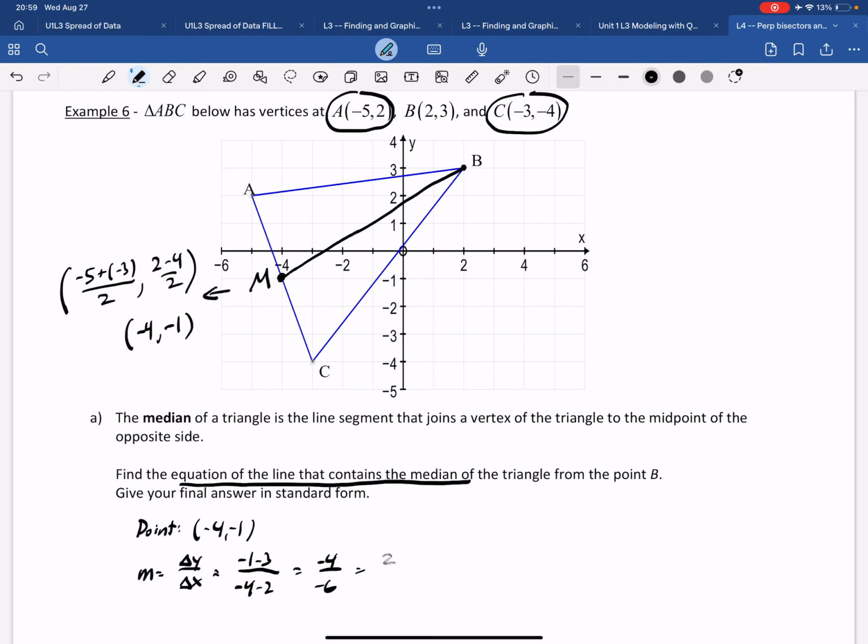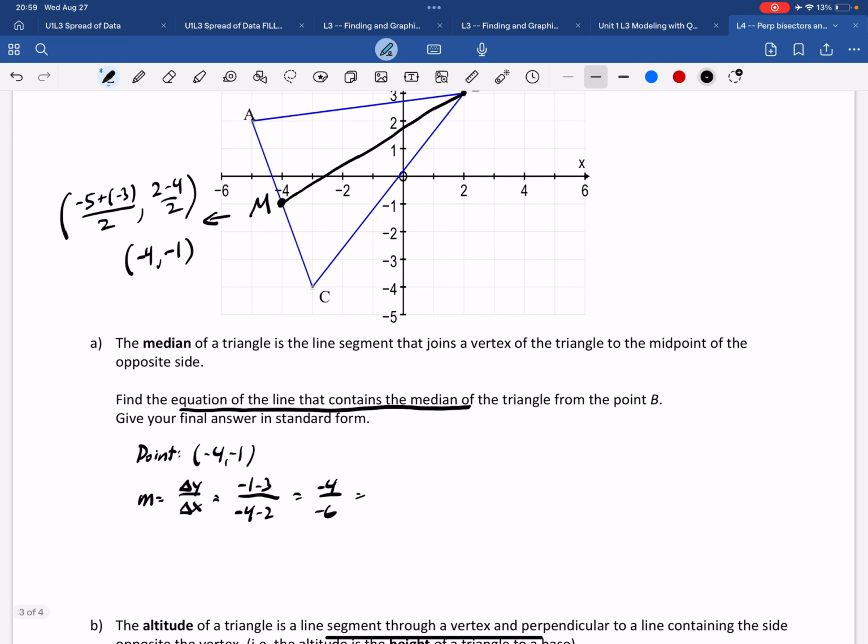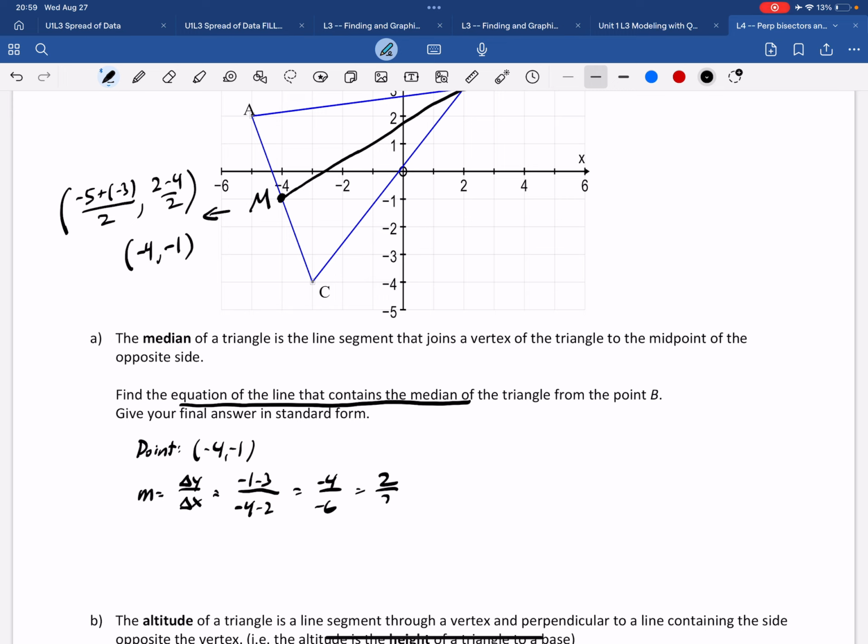Oh, I hate when I click the pencil. 2/3. And we could even check that: up 1, 2, 3. Yeah. Okay, so the equation, and you guys know I like this form, point slope, this is the best form.